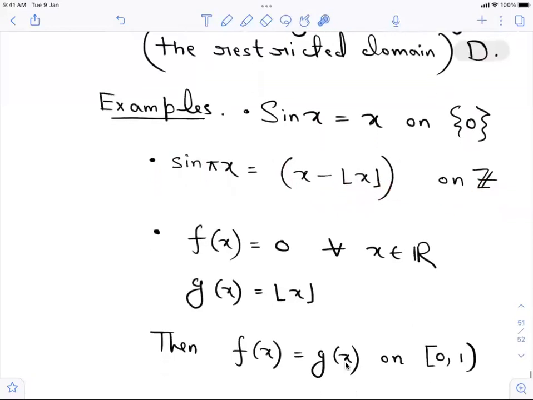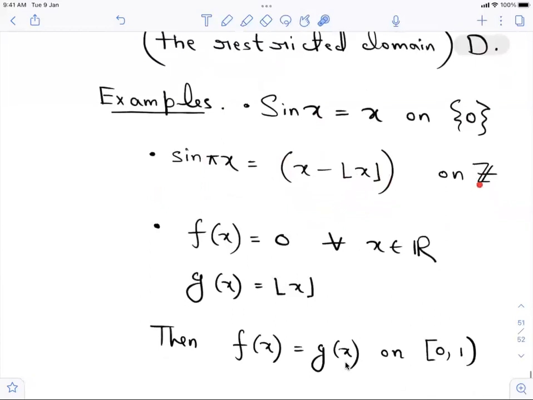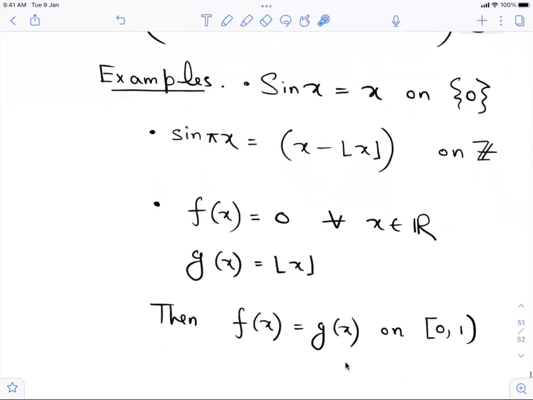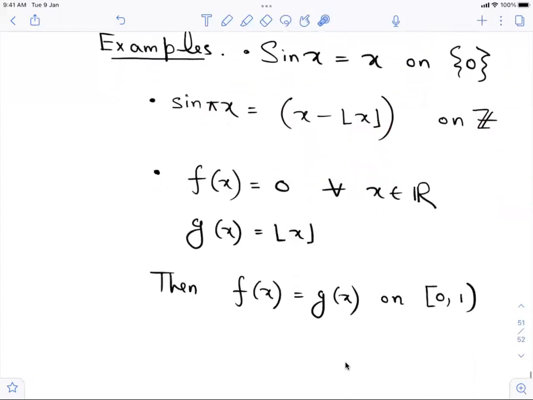Let's make things slightly more interesting. You can have two different functions agreeing on an interval even. Say f(x) is equal to 0, that's a constant function, okay? And g(x) equals the floor function.